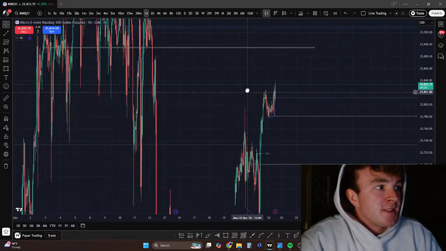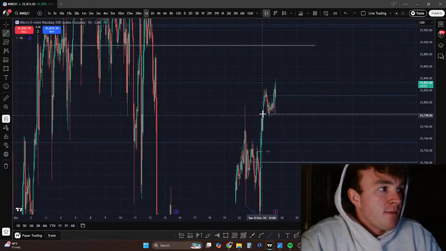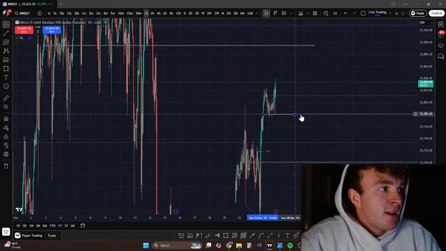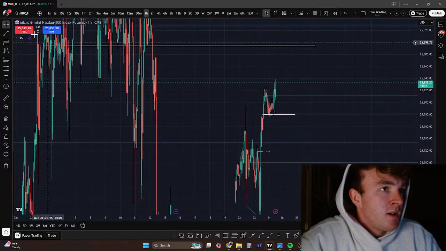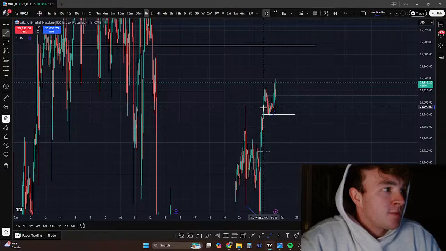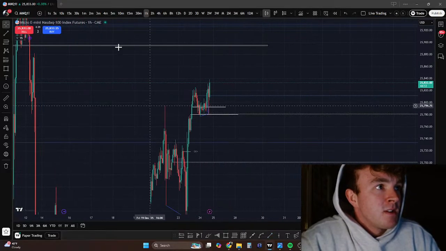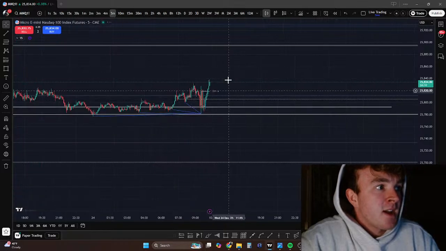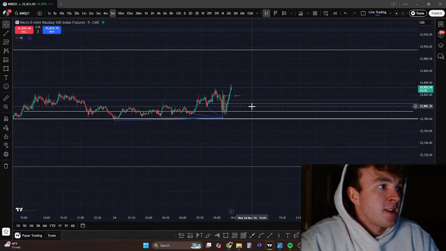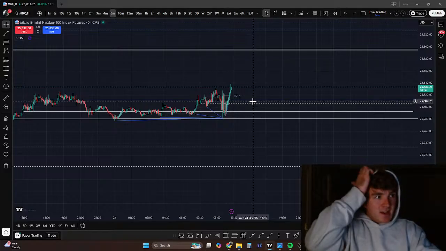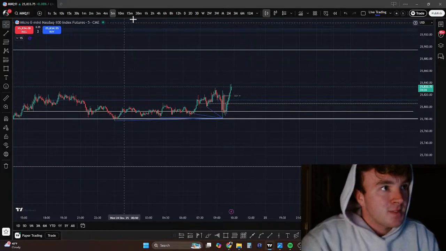You can see it's basically an external fair value gap here expanding towards this liquidity pool. That's kind of what I'm seeing, so we still have quite a bit more way to run to the upside. But we'll see.